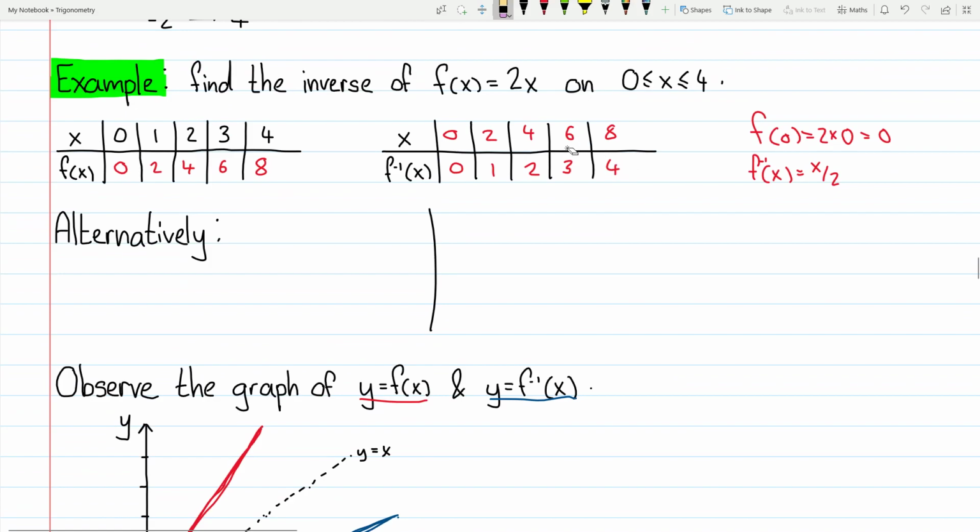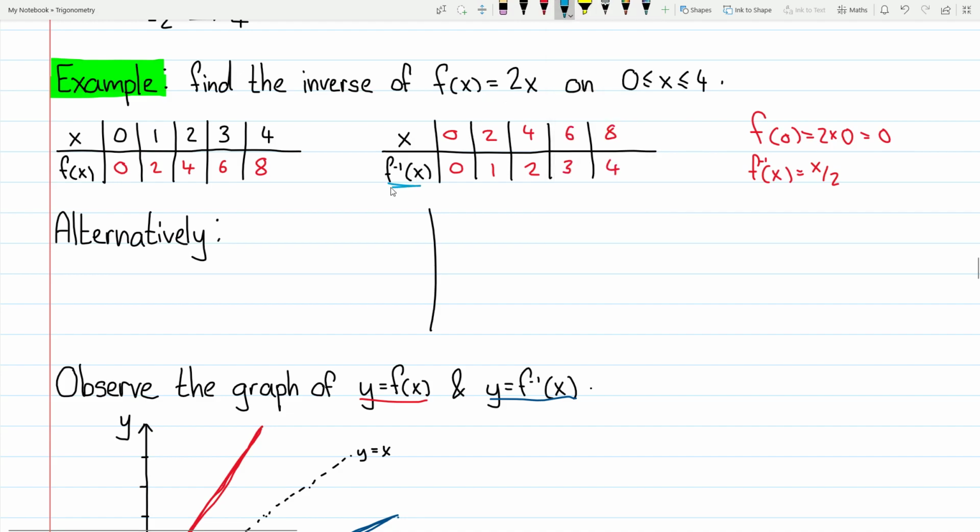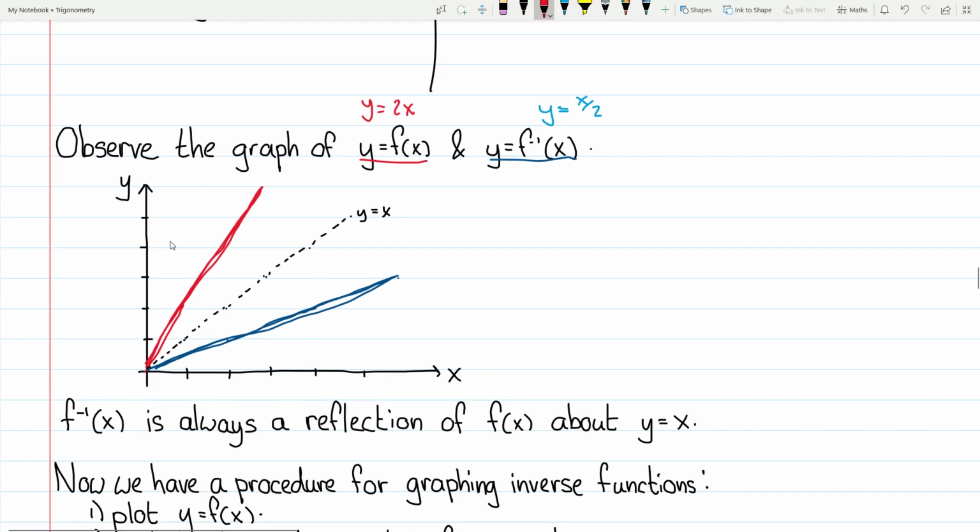Now let's plot these two graphs. Let me graph it like that. Let's plot the inverse, so this is y equals x over 2, and this is of course y equals 2x. If we plot them both on an x-y axis, then notice something interesting.